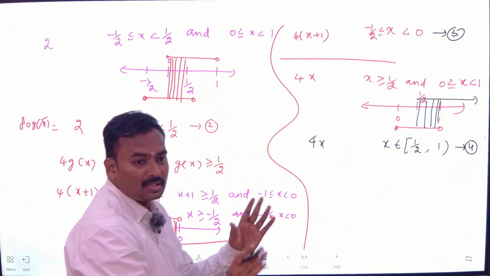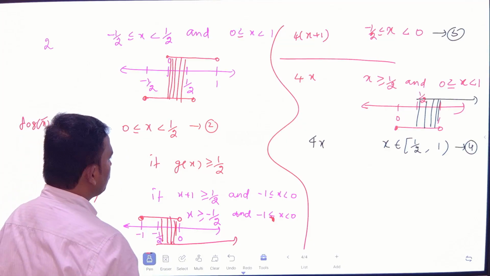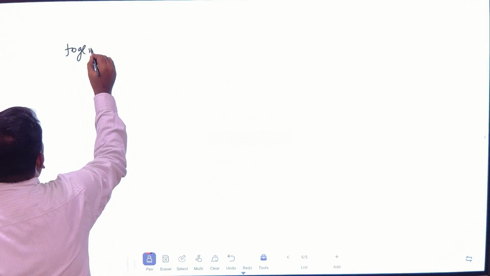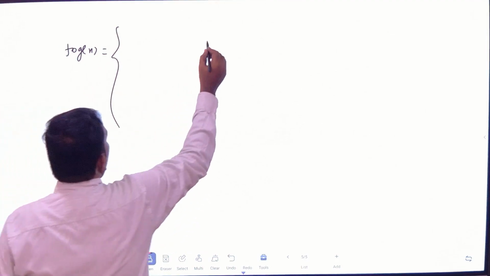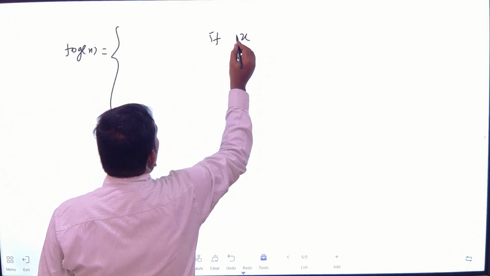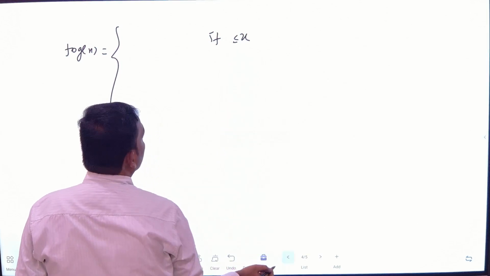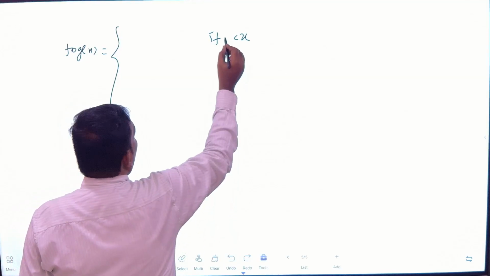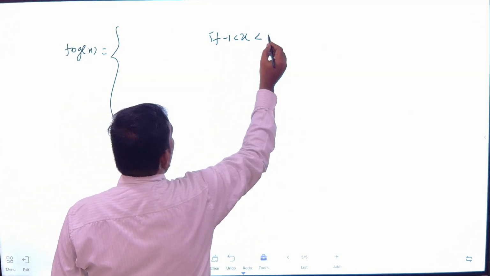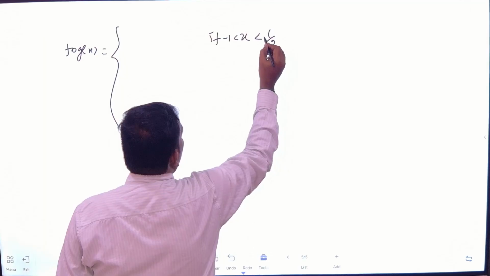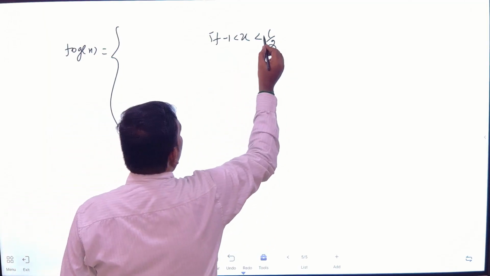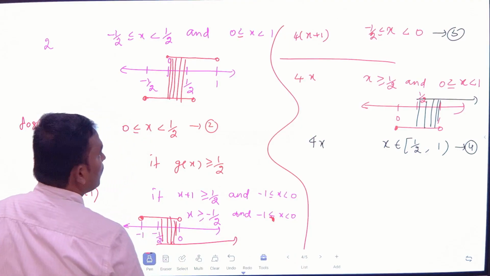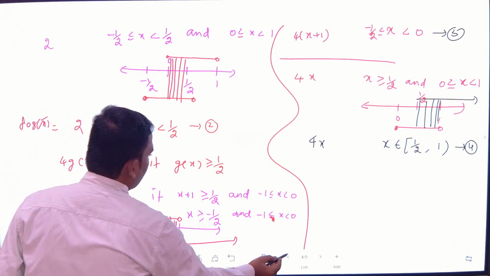You combine all the things, and you can find out f composition g quickly. f composition g of x, if x is minus 1 to minus 1 by 2, you can check here, which function is there?